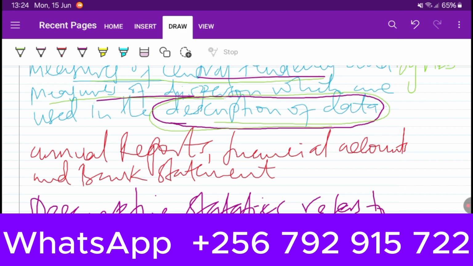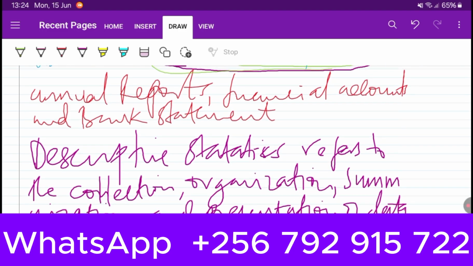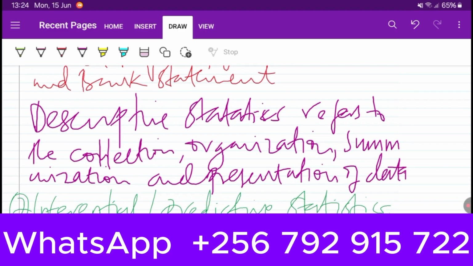So the other definition that we can use, of course, this is the main definition, where you look at the different aspects that are going to be done within the computations and trying to describe the data. So you can say that descriptive statistics refers to the collection, organization, summarization, interpretation and presentation of data.